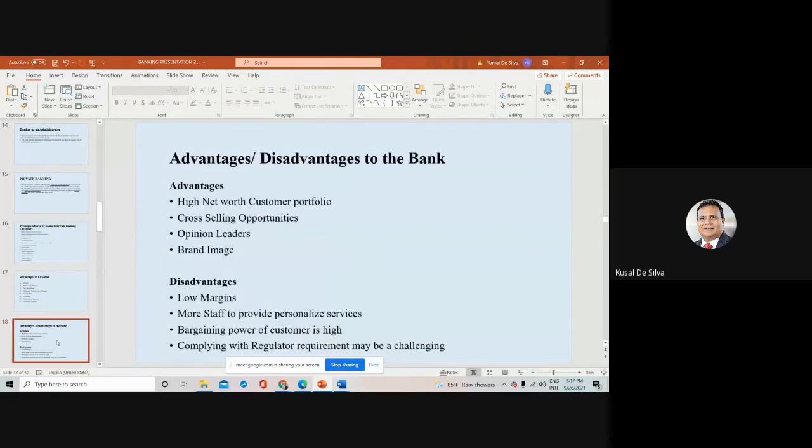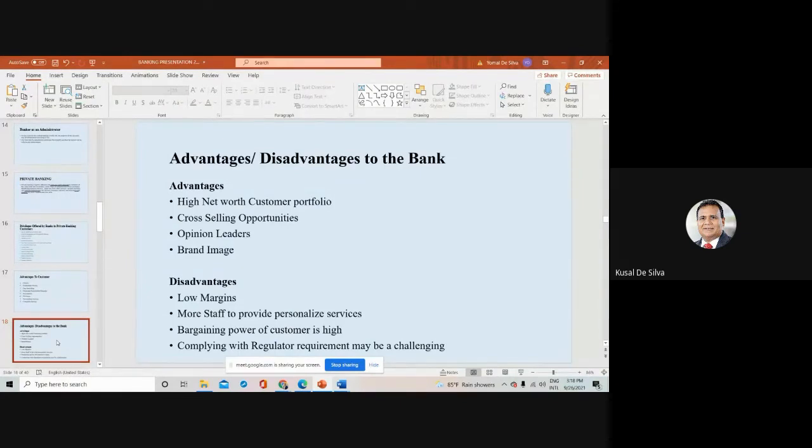Then the advantages to the bank: a high net worth customer portfolio. As I mentioned to you, this may not always honestly be profitable, but it is nice to have this community, because out of them we sometimes get other business opportunities.